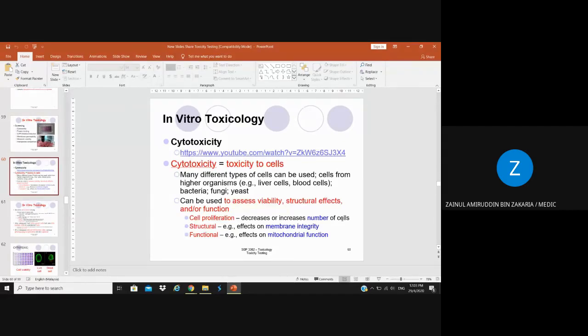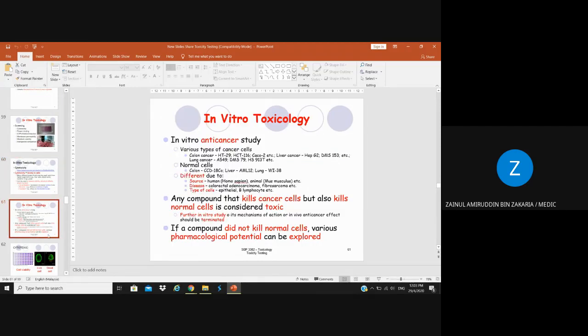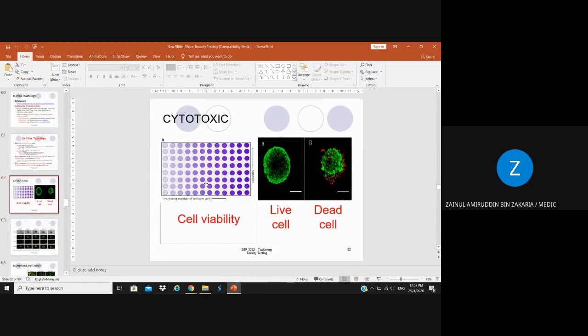And then functional, you want to assess function, for example, similarly, you can also assess the mitochondrial function. So this is what we mean by cytotoxicity. I explained this already.